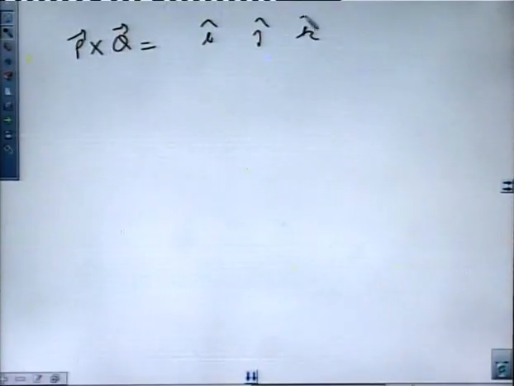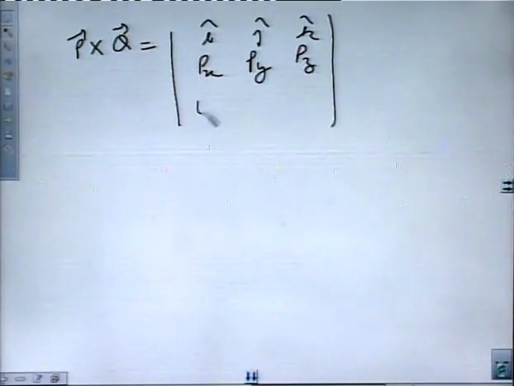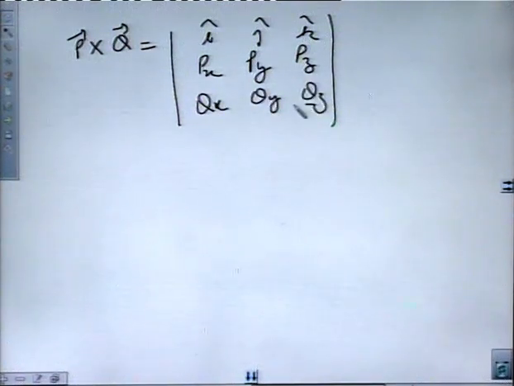If we take their cross product, this can be written as the determinant of i, j and k; px, py, pz; qx, qy and qz.